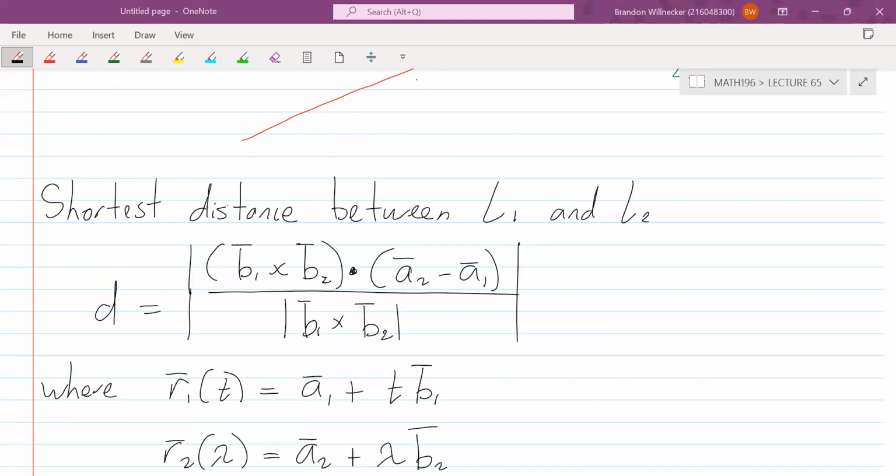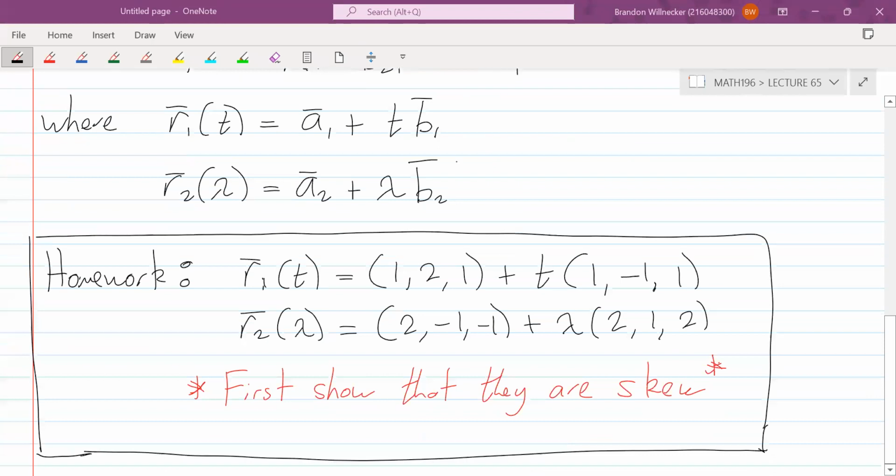And then next week we will start with the equations of planes, and then we'll find distances between planes, distances between points and planes, lines and planes, and so on. So all the stuff that we've done with lines, we're going to now do with planes.